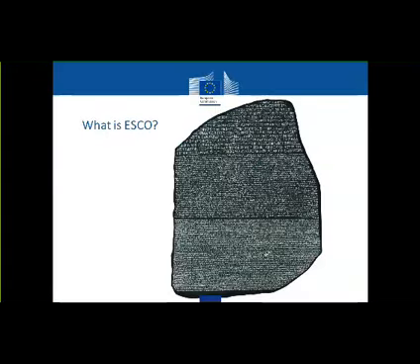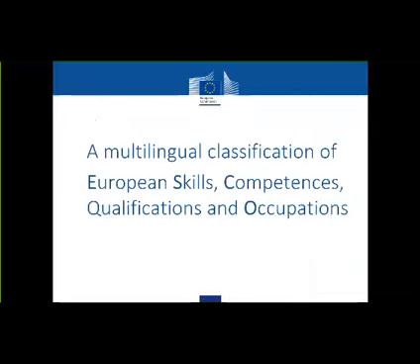So what is this data set about? What does ESCO stand for? It is a multilingual classification that categorizes skills, competences, also knowledge, qualifications, and occupations. So it stands for European skills, competences, qualifications, and occupations.